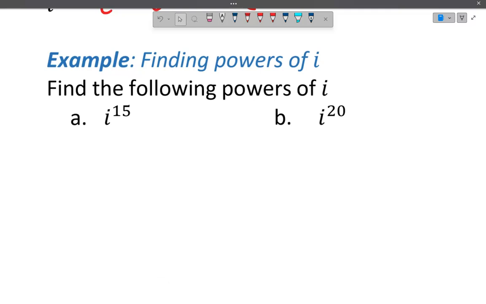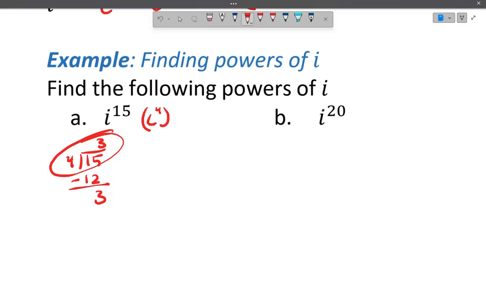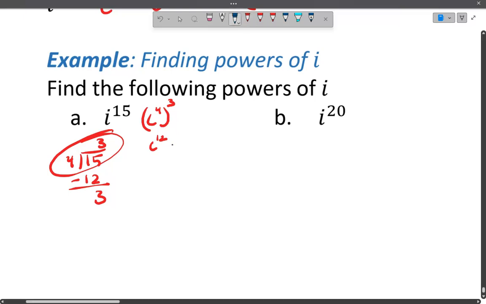So if I take 15 and I divide it by 4, I know that 4 goes into 15 3 times, which is 12, and gives me a remainder of 3. So right here, I can consider that i to the fourth 3 times, that's i to the 12th. And then I have 3 left over, i to the third power.